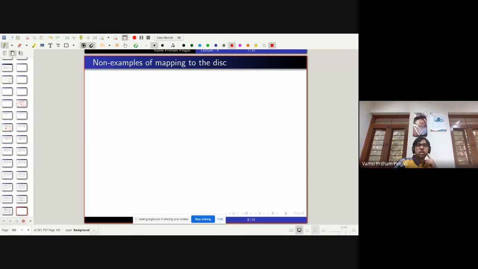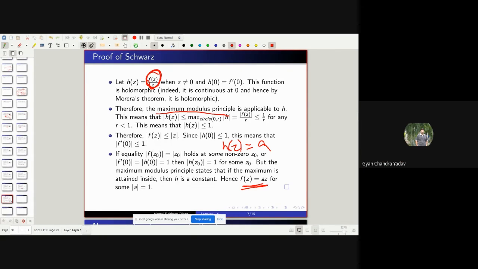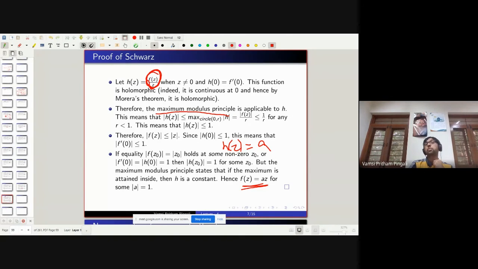Okay, so non-examples of mapping to the disk. Using our examples of... So sir, does an automorphism of the unit disk to itself have coefficients a, b, c, d all real? No. From the upper half plane to itself, all real.